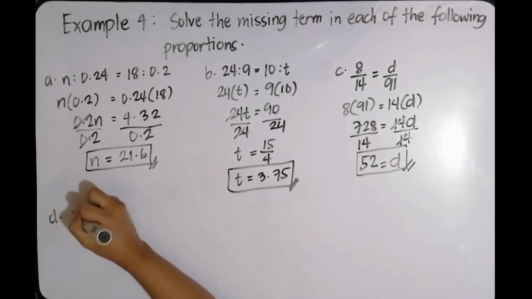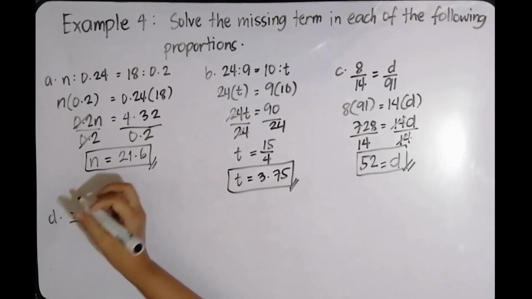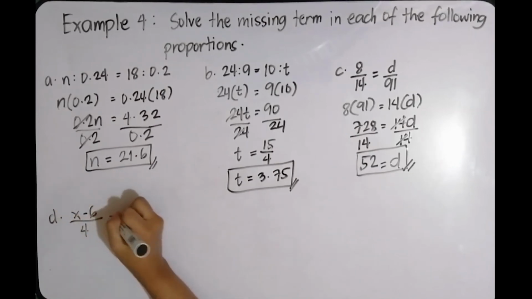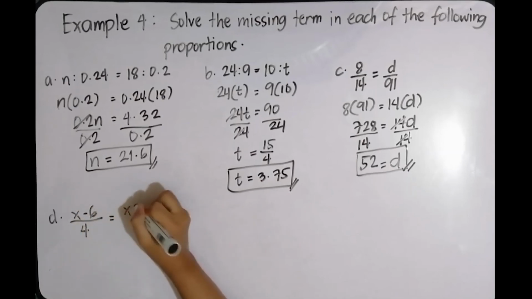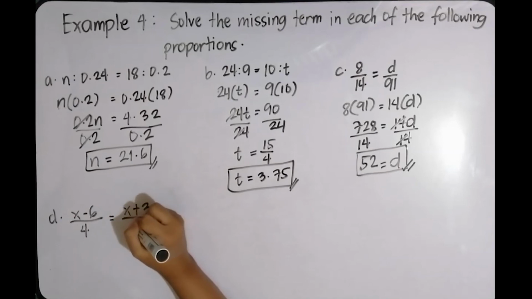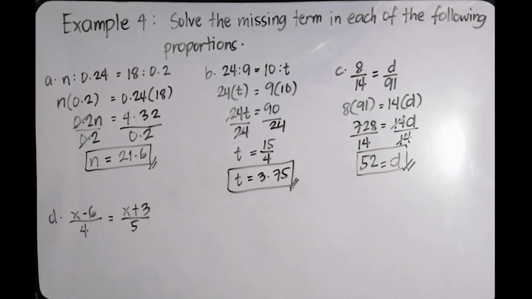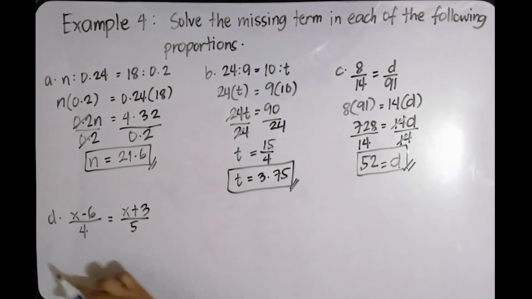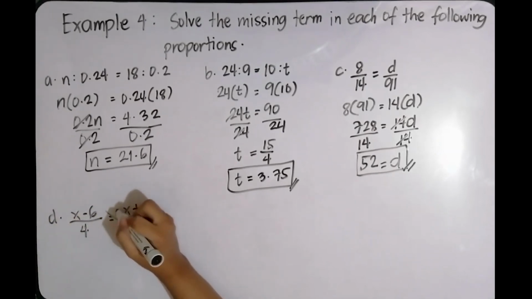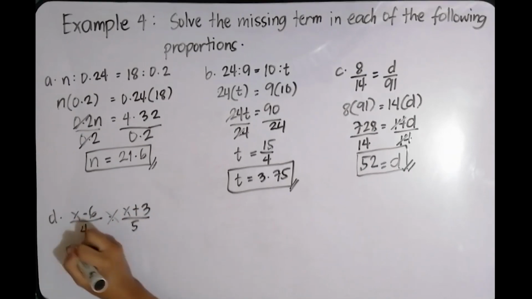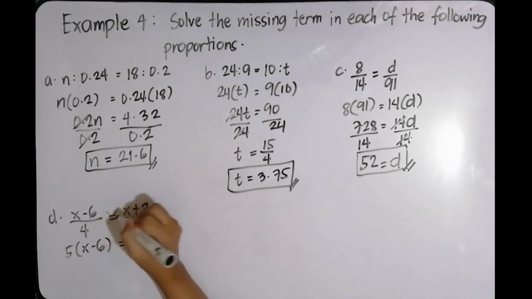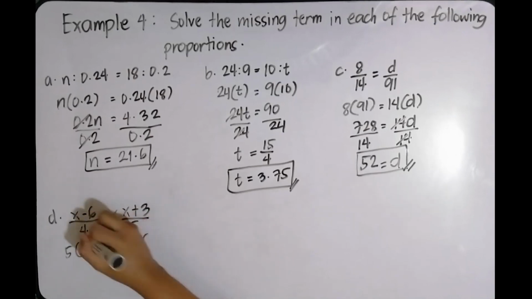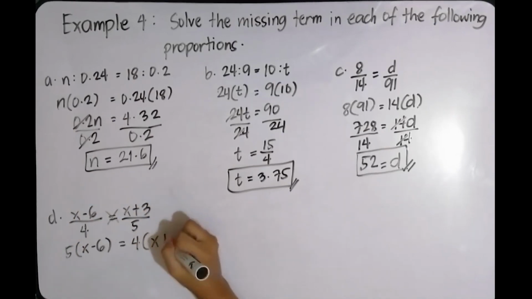So for the last proportion, we are given x minus 6 all over 4 equals x plus 3 all over 5. So again, by the fundamental property of proportion, we can simply cross multiply or get the cross product. So we have 5 times x minus 6 equals 4 multiplied by x plus 3.